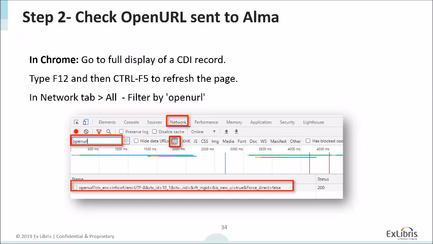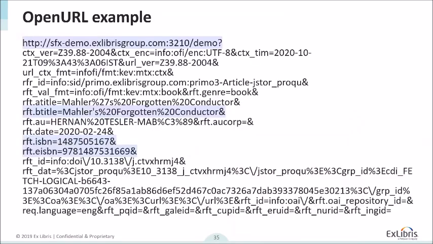So you search for OpenURL, and then you will get the OpenURL, and you can see exactly what is being sent to Alma in the OpenURL. So this is an example of such an OpenURL that I captured. It points to a specific Alma or SFX environment.